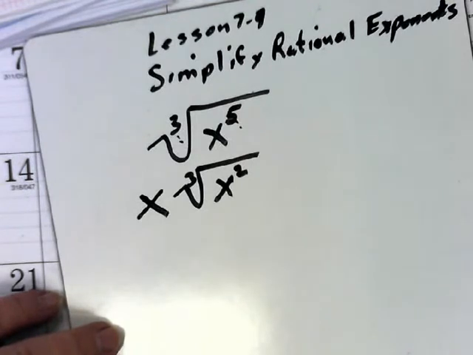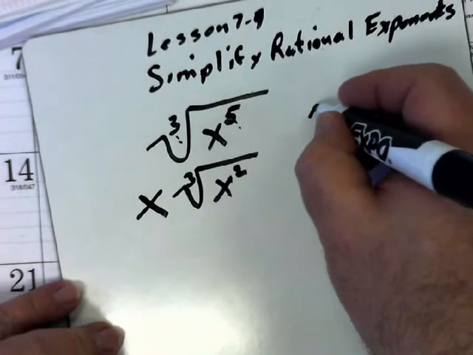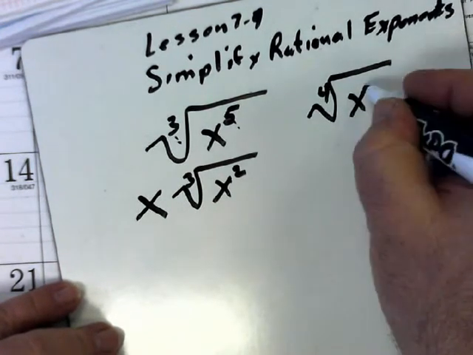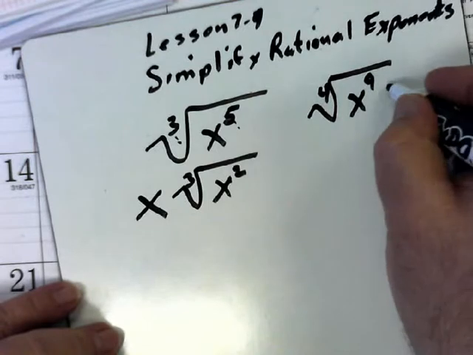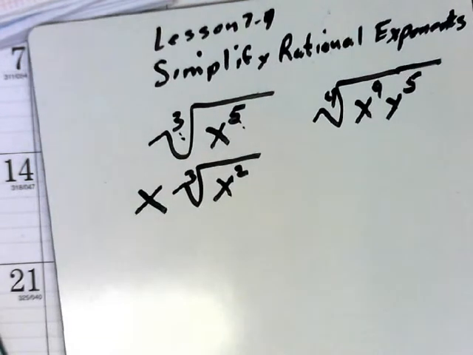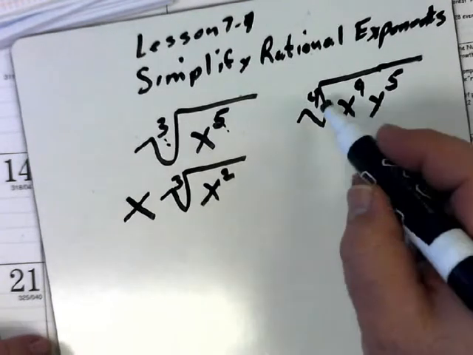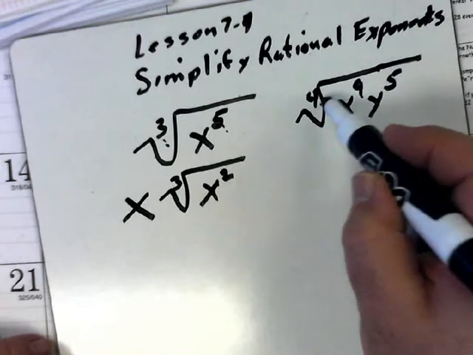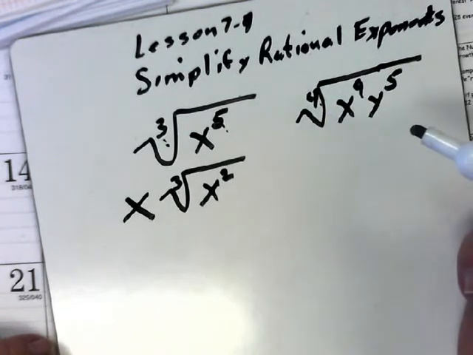Okay? So if I had the 4th root of x to the 9th, y to the 5th, I take the index into the exponent. So 4 goes into 9 how many times? Twice.